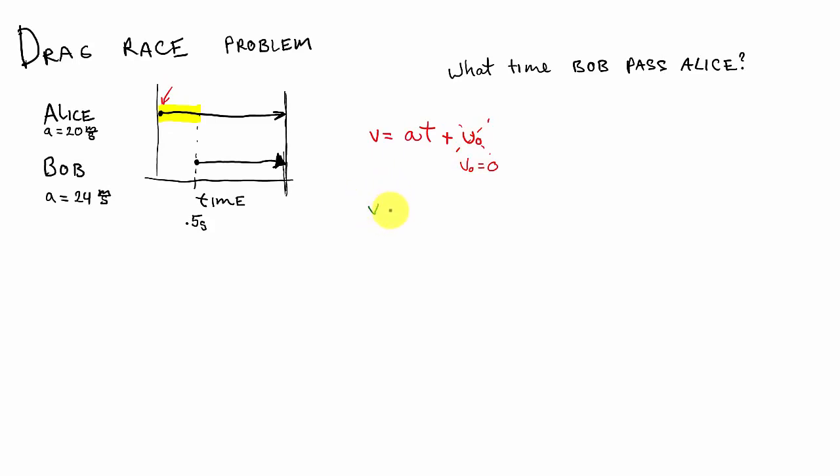So velocity at 0.5 seconds is going to be 20 meters per second squared times 0.5 seconds, which turns out to be 10 meters per second. So, at this point, Alice is traveling 10 meters per second.